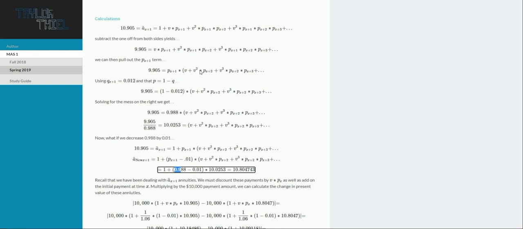So we go back to this formulation and add that one term back in, subtracting off that change in death rate, and then multiply by this right-hand term which we just solved for previously, to get this new number, 10.8.